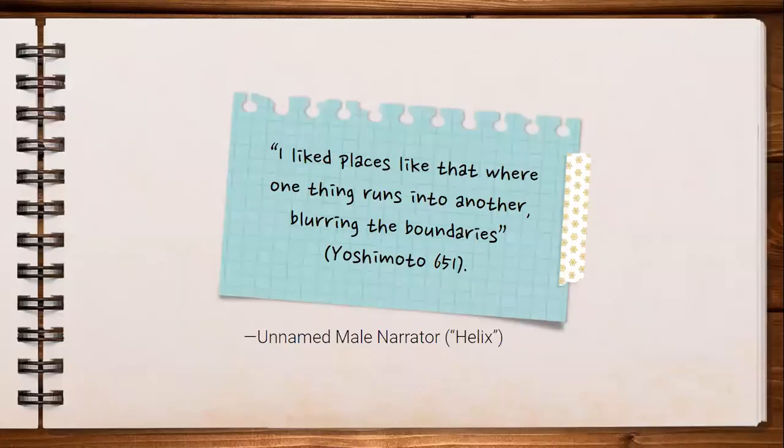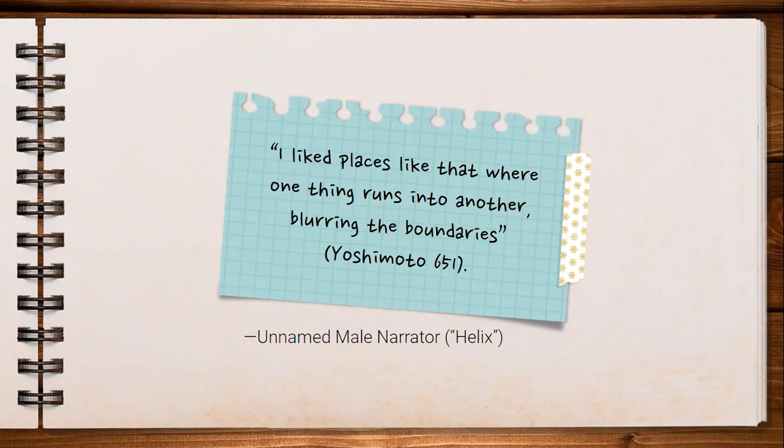So one of the quotes from the story that we think finds its way throughout the narrative is that the boyfriend says, "I like places where one thing runs into another, blurring the boundaries." And we thought that this was appropriate because our memories are not exactly how the event happened.